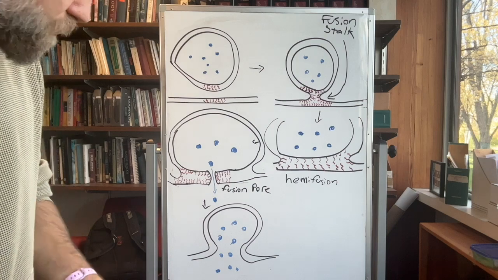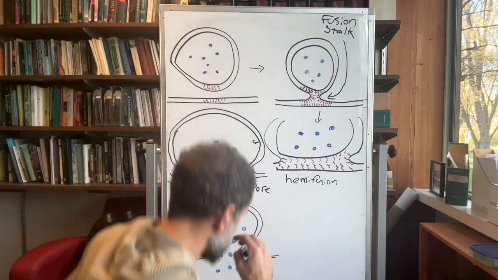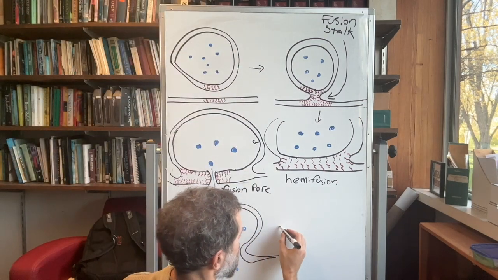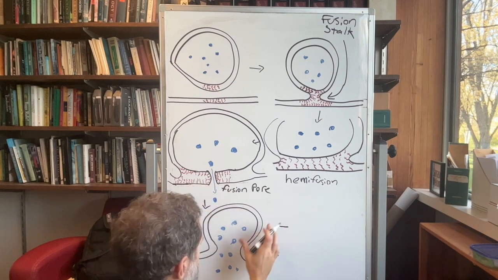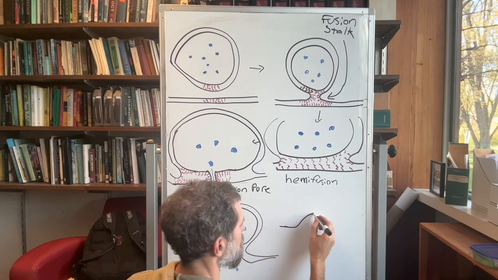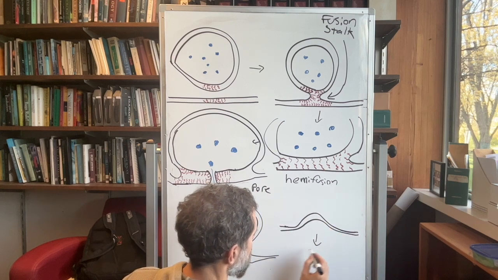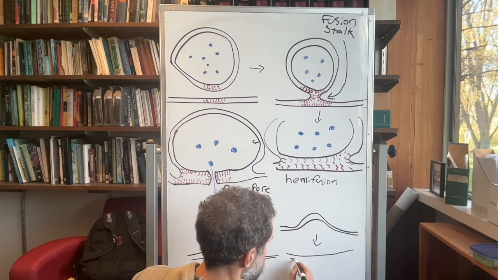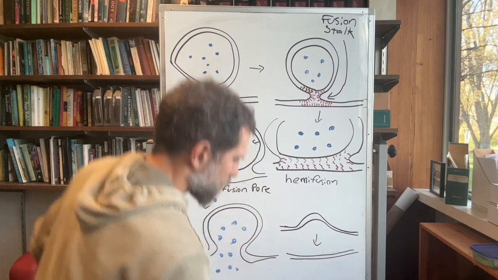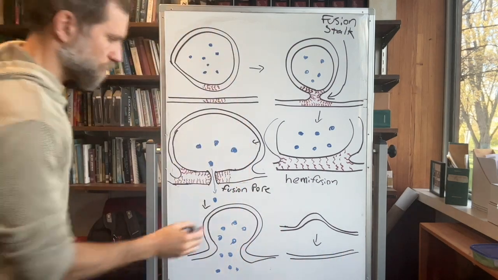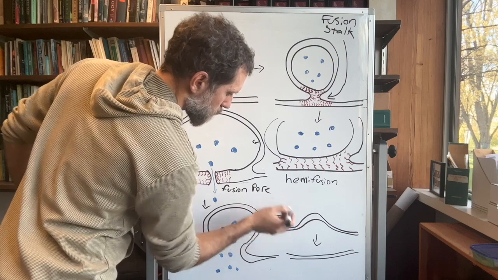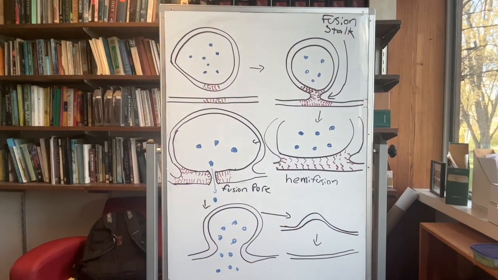And this continues until eventually the distinction of the vesicle becomes less and less, and it becomes fully integrated into the plasma membrane of that presynaptic neuron at the active zone.